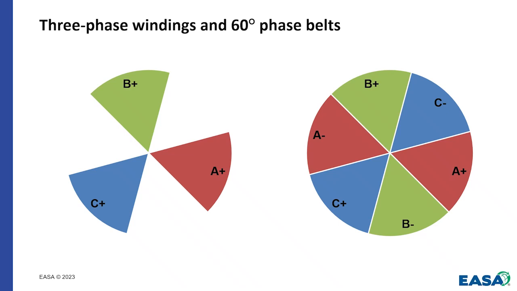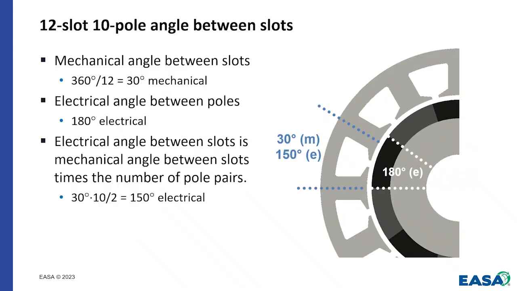When we move away from the two-layer lap winding and go into this 12-slot 10-pole machine as an example, for any stator, we can say that the mechanical angle between the slots is just 360 degrees divided by our number of slots. So if we have 12 slots in the stator, then 30 degrees mechanical separates the center of these slots, or the centers of the teeth.